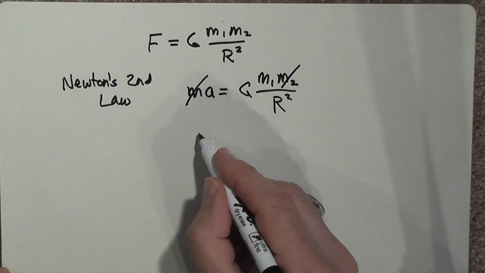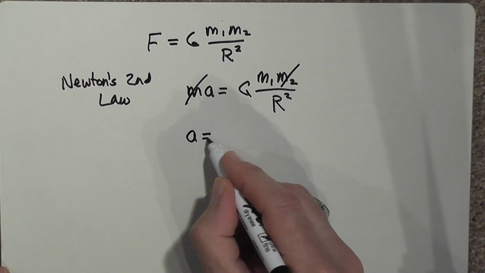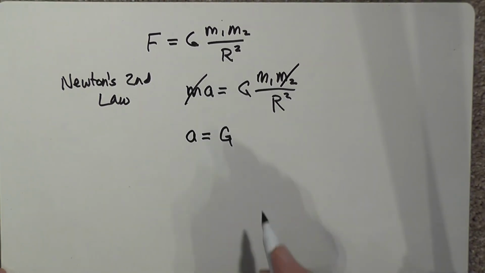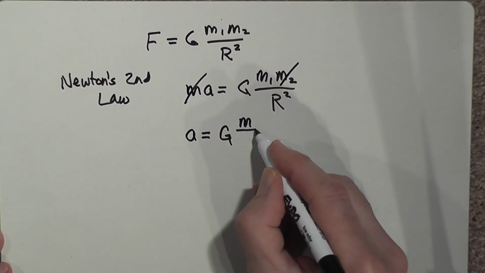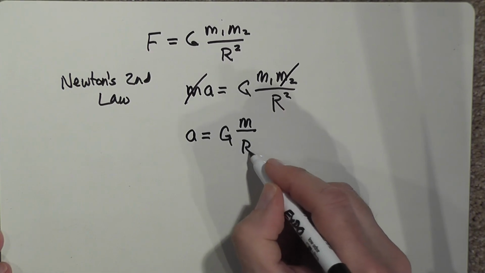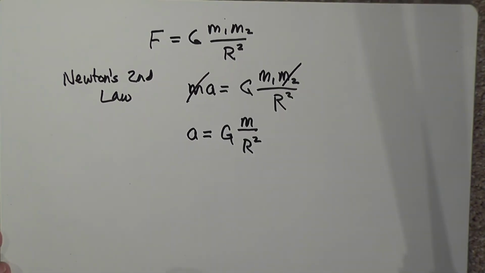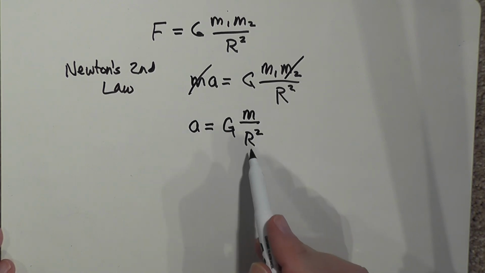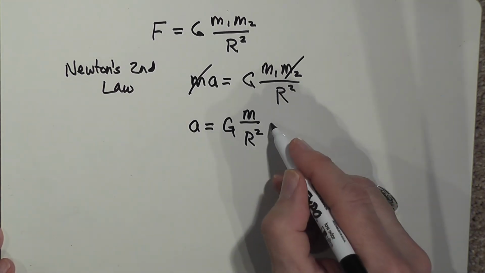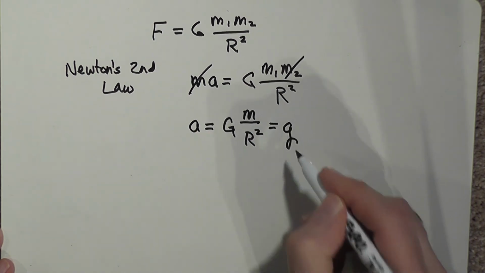So now we have an equation that says acceleration is equal to the universal G times mass divided by r squared. So now this is the acceleration of gravity equation, or also on Earth what we call g, okay.